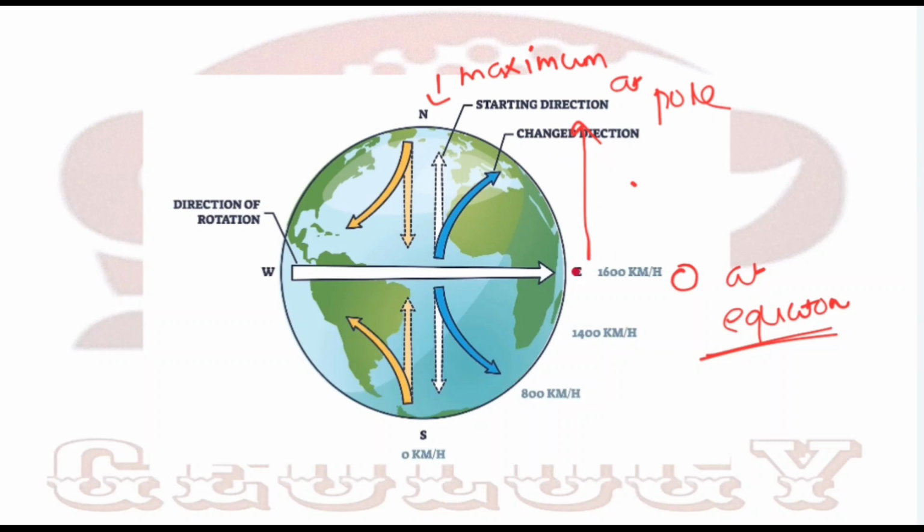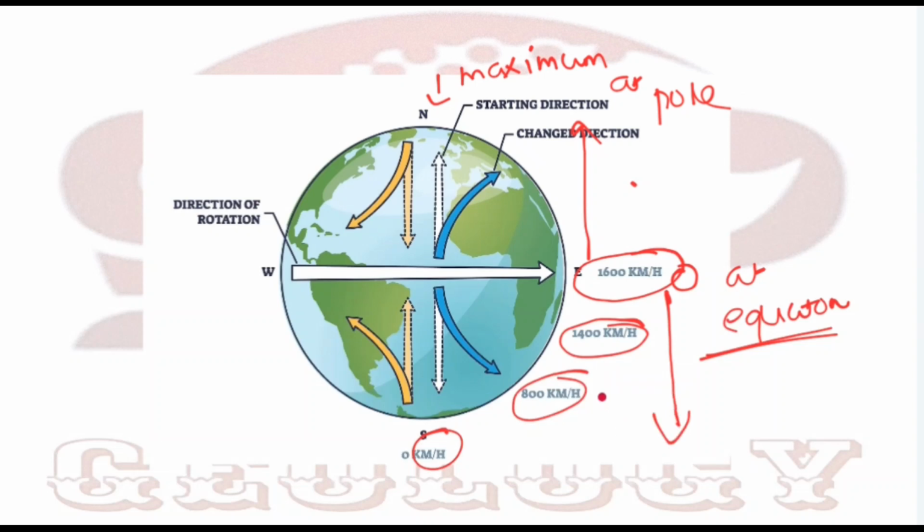You can see the equatorial part is moving at 1600 km per hour, then gradually the velocity decreases towards the pole. As the velocity decreases, the effect intensifies. So there will be more Coriolis effect when the velocity is less.